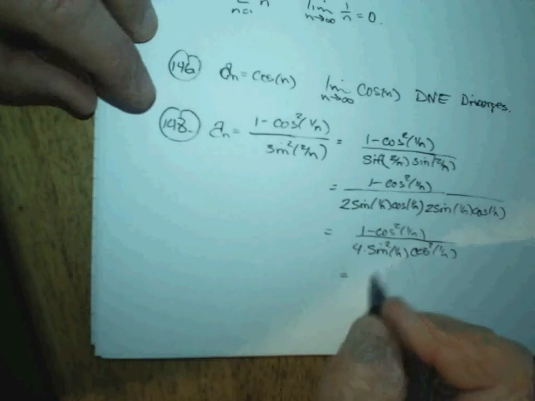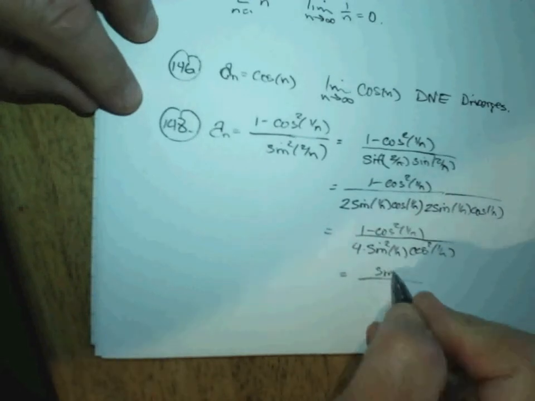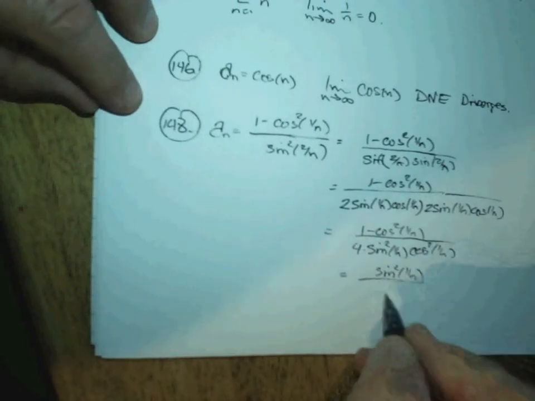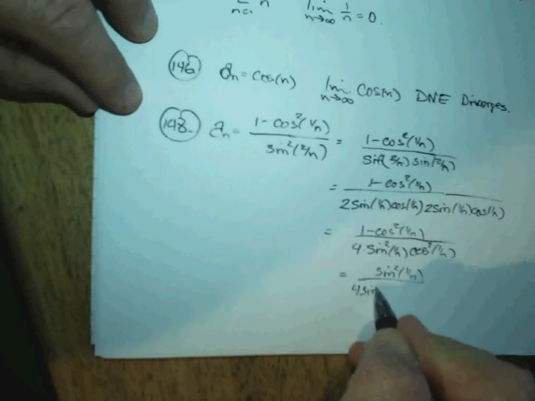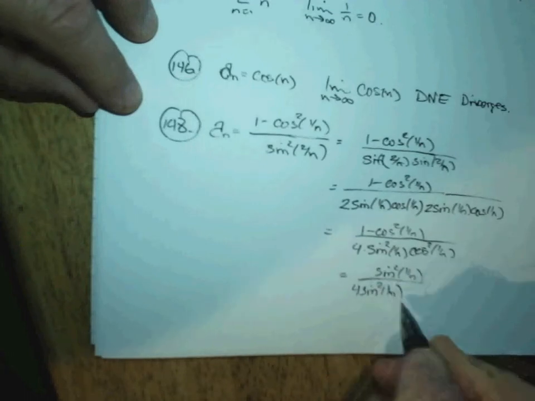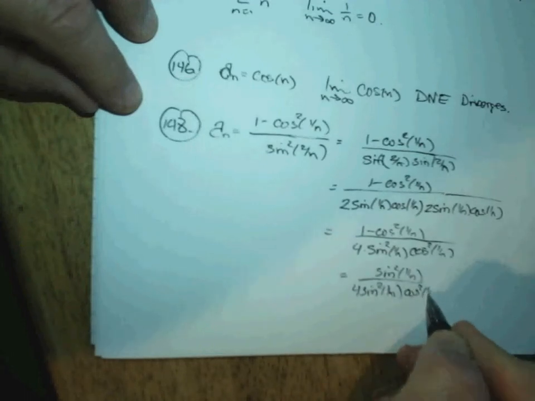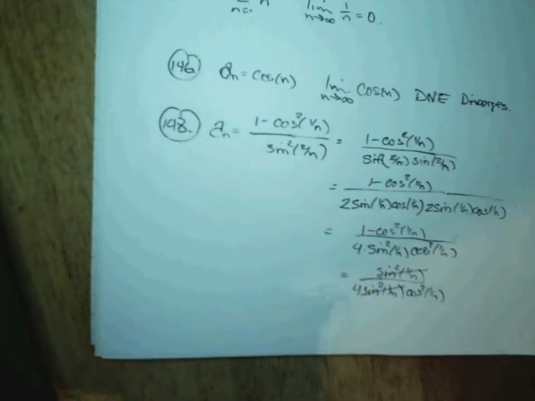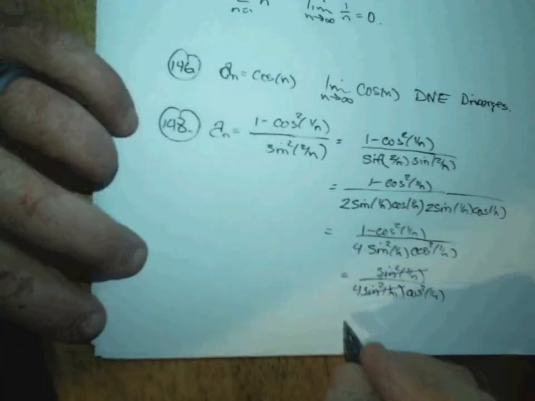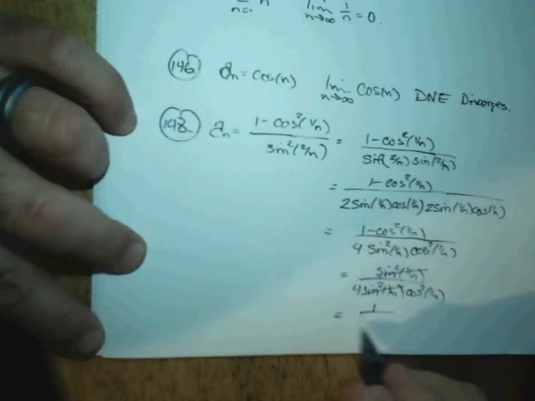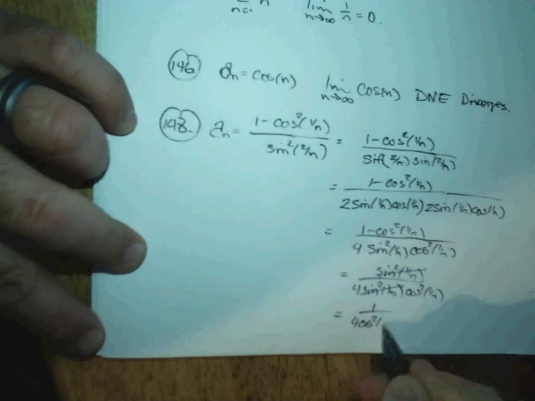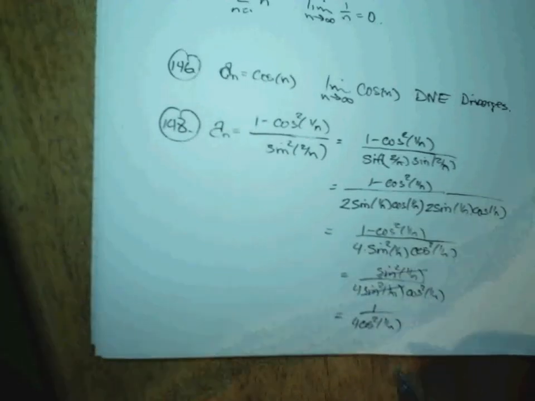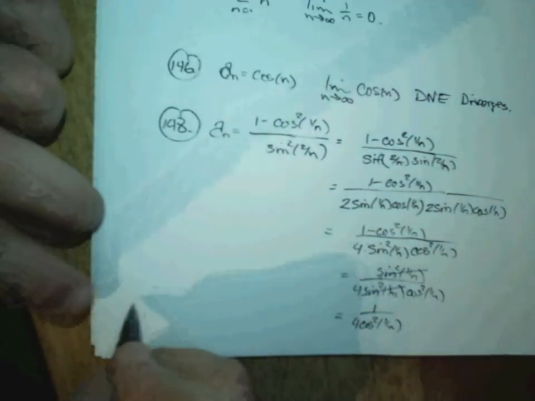Now, one other trig identity to use is up in the top, the Pythagorean identity. 1 minus cos squared is sine squared. That's sine squared of 1 over n. And when we do the cancellation here of sine squared 1 over n from the top and from the bottom, you're left with 1 over 4 cos squared 1 over n.